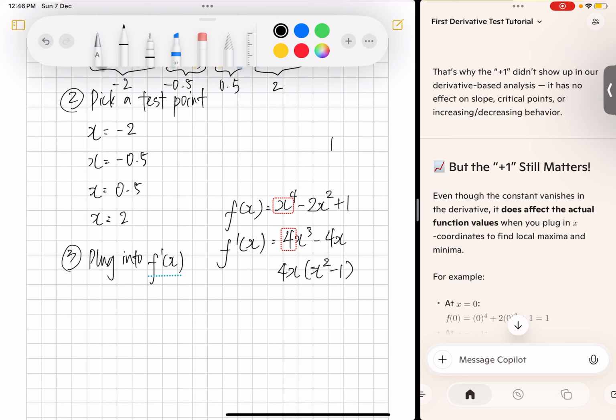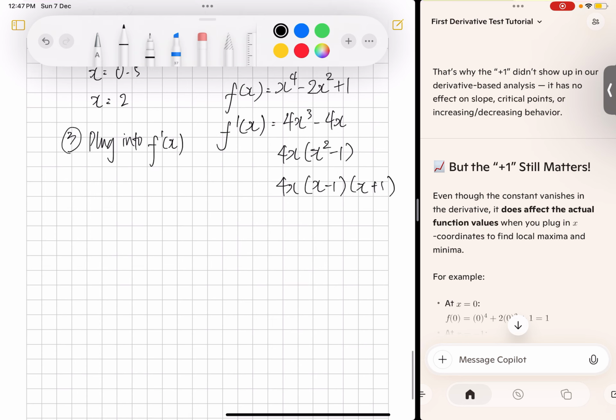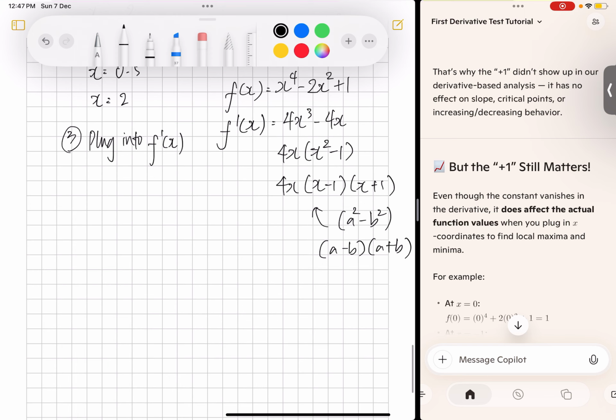And because 1 squared is equal to 1 times 1, which is equal to 1, we factorized it. We made it into x minus 1, x plus 1. And this is a factorization property where a squared minus b squared is equal to a minus b, a plus b.